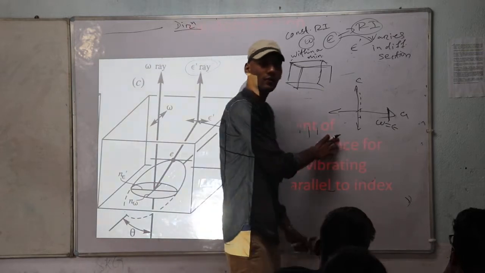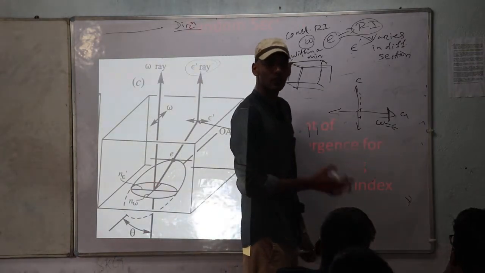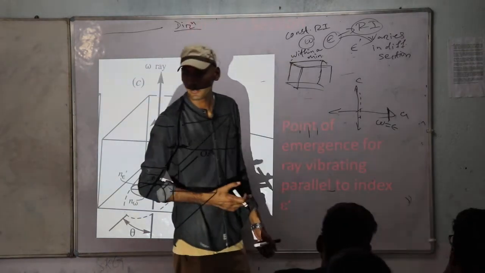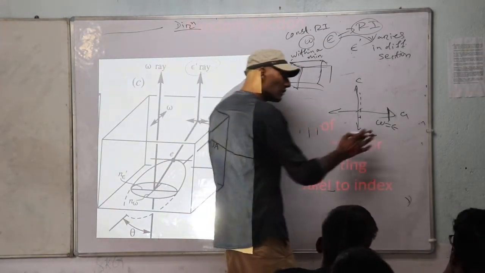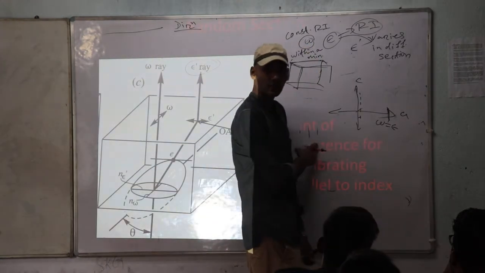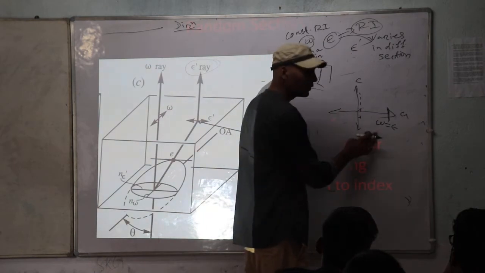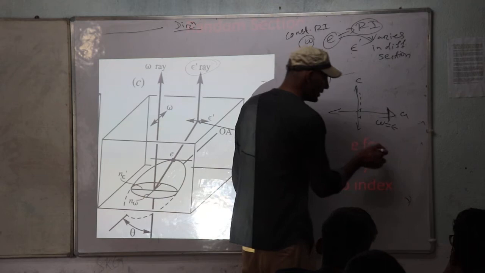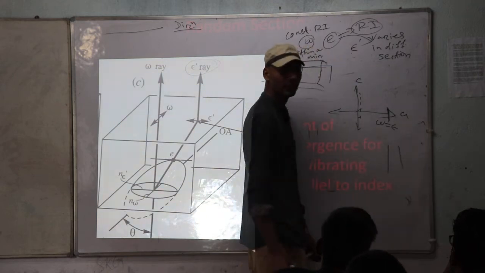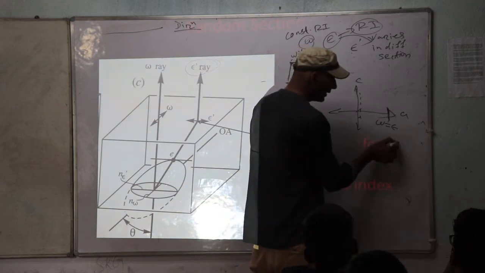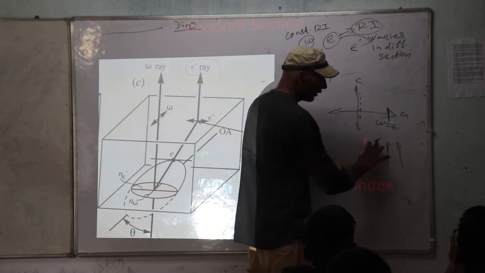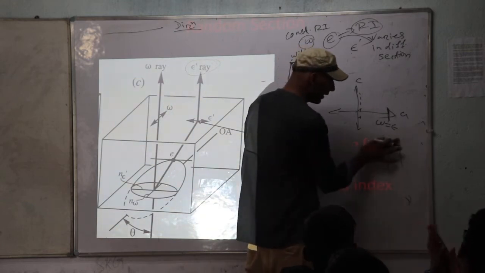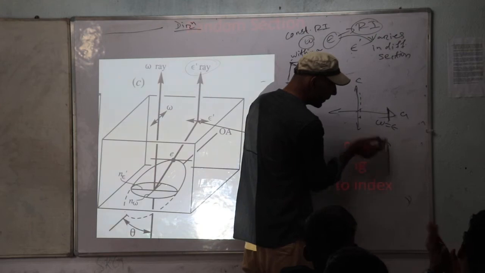That means there will be no double refraction. What do you mean by no double refraction? They will split up into two rays, that is anisotropic mineral, but both of them are lying in the same position. That means there will be no retardation. If the O ray is here, the E ray is here, they will have the same retardation and they will travel in the same path.